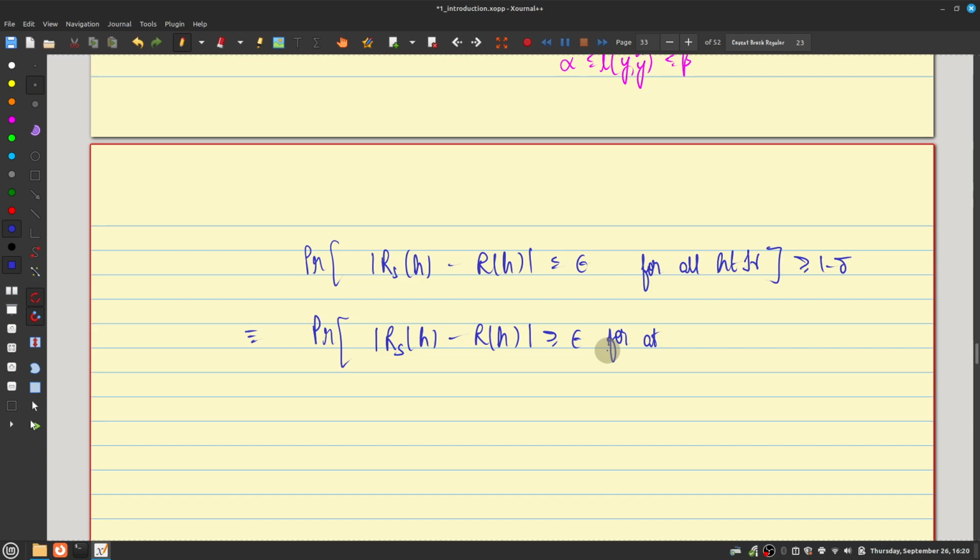"For any" means for at least one. "For every" means it has to happen for every single item in the set. So we want one of these two. Right? Questions?